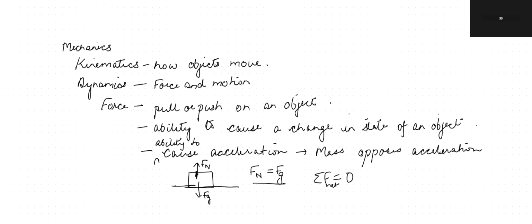The sum of all the forces acting on an object is calculated as the vector sum of individual forces. If the net force is zero, then it doesn't cause acceleration. So zero net force is equal to zero net acceleration.